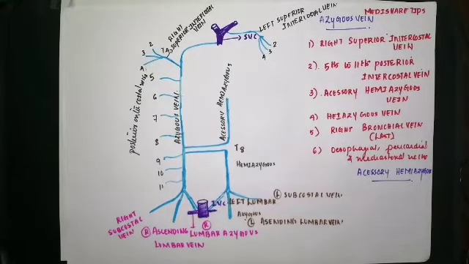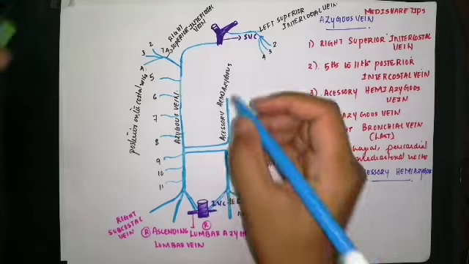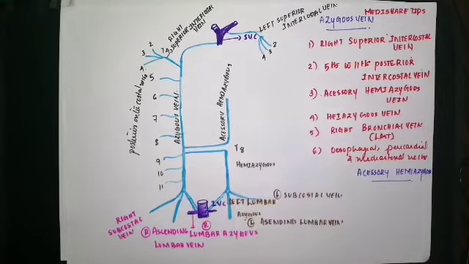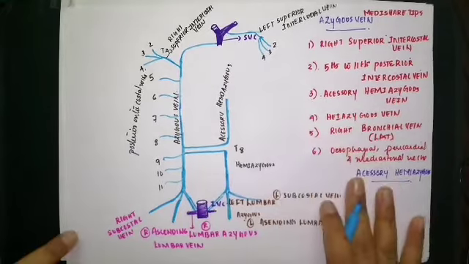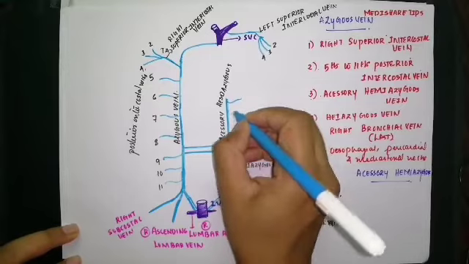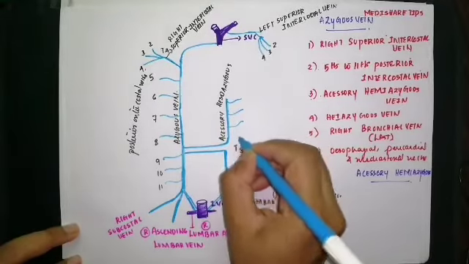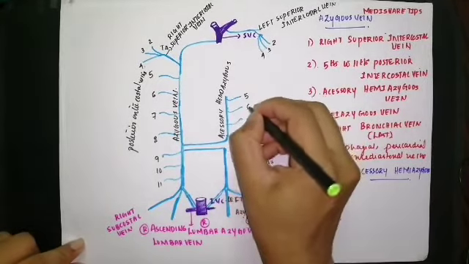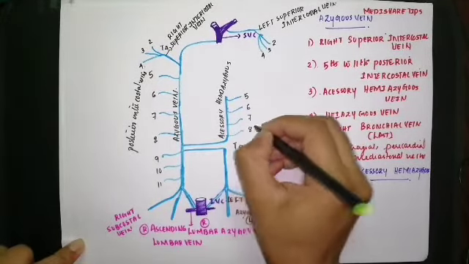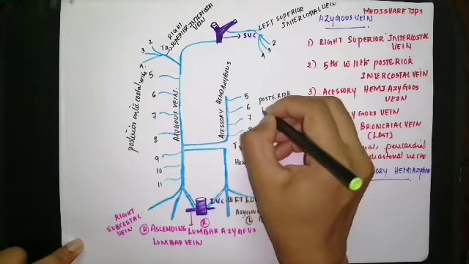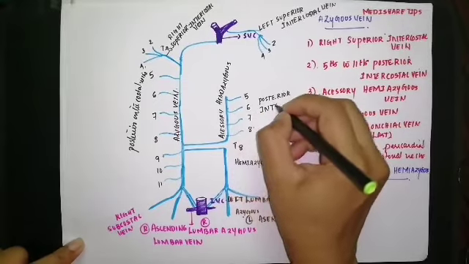So which are the other posterior intercostal veins which are left out? That is the 5th to 11th posterior intercostal veins. These veins are draining into the accessory hemiazygous and hemiazygous. The 5th, 6th, 7th and 8th posterior intercostal veins are draining into the accessory hemiazygous vein.